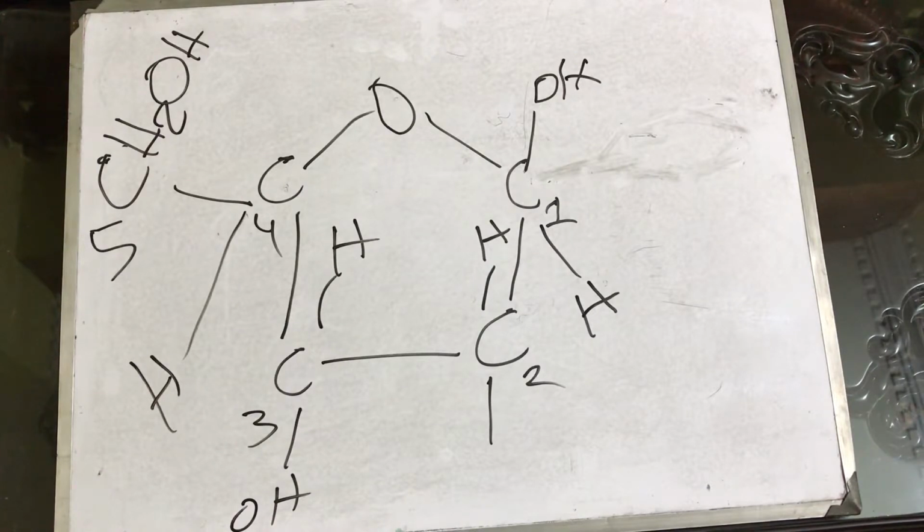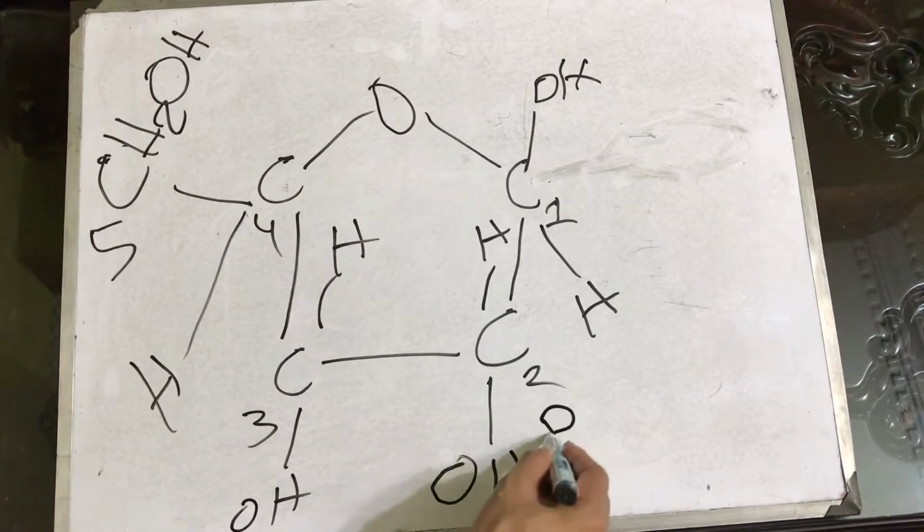Now this is the pentose sugar, but the difference between DNA and RNA, that is deoxyribose and ribose, is that ribose sugar contains hydroxide in the second carbon. This is ribose sugar.